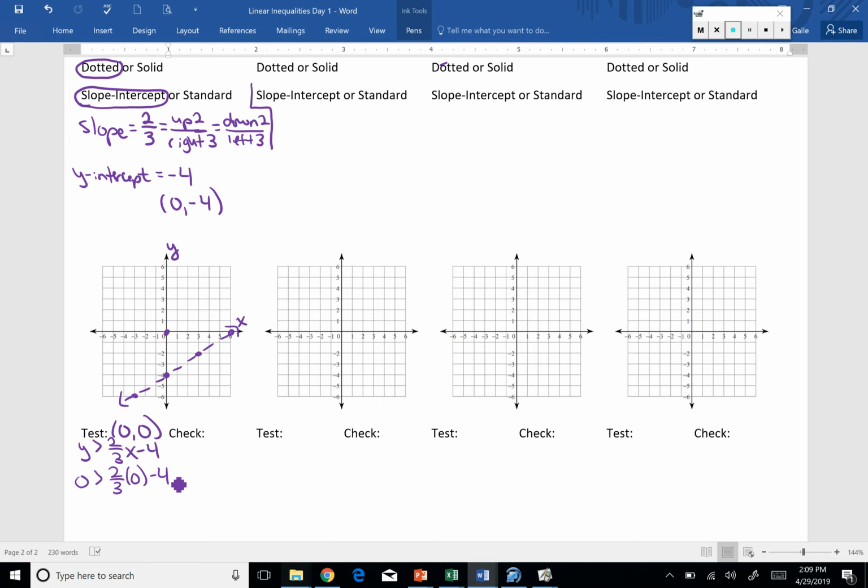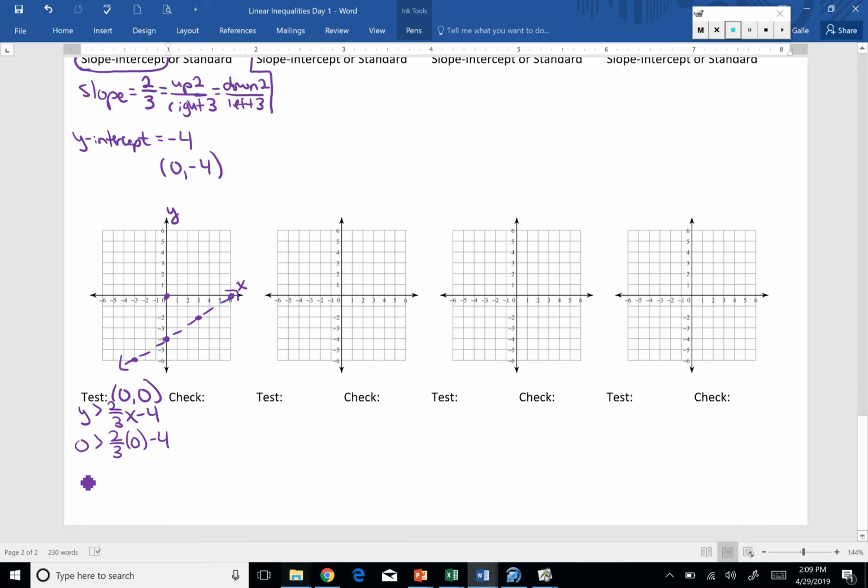I want to test it out to see if it's a solution. So when I test it out, is 0 greater than 0 minus 4? Is 0 greater than negative 4? What do we think? Yeah, 0 is bigger than negative 4. This is true. So I want to shade.